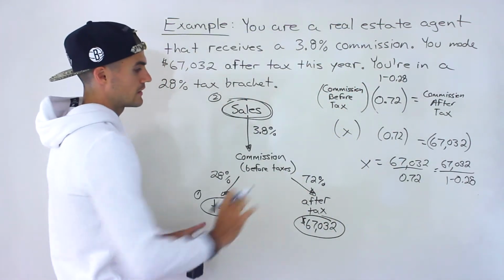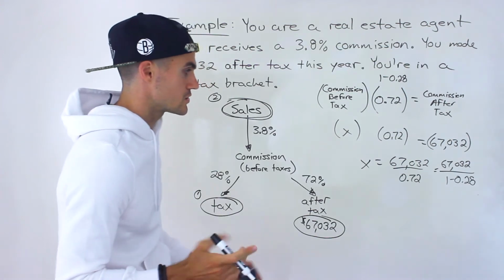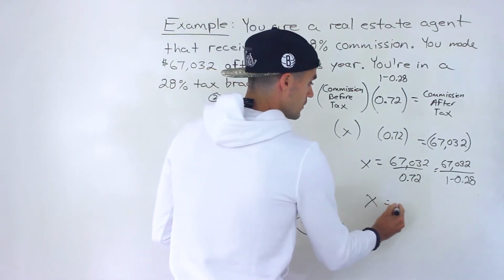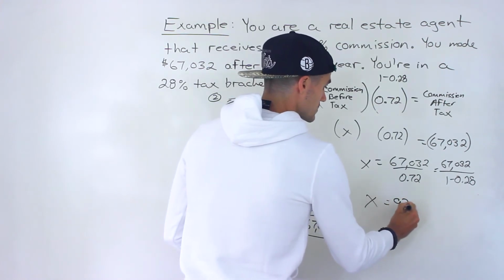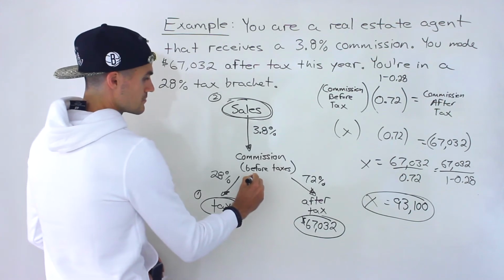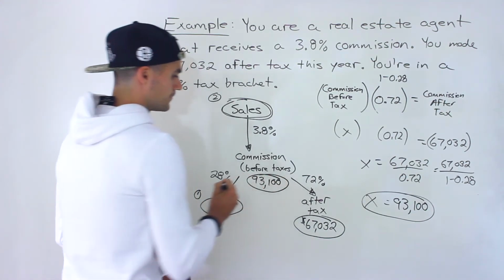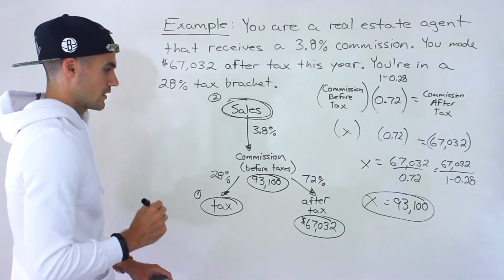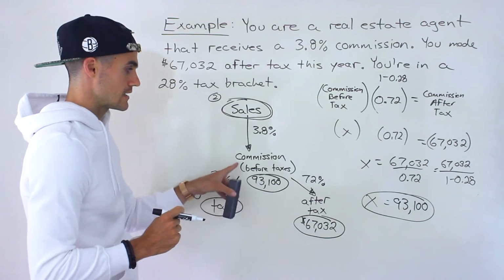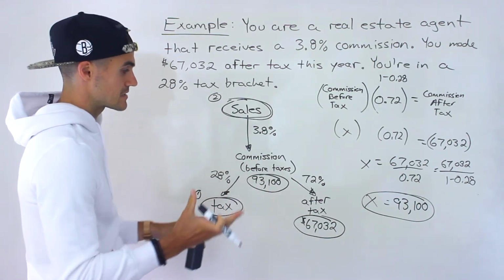I wanted to break it down like this first, as I feel it's a bit more intuitive. We're dividing just by 0.72, whichever way you go about it. And when you do that, you'd end up with $93,100. So that's this amount over here. $93,100 is the commission that you have received, but that's the before-tax amount. That's before you get taxed.